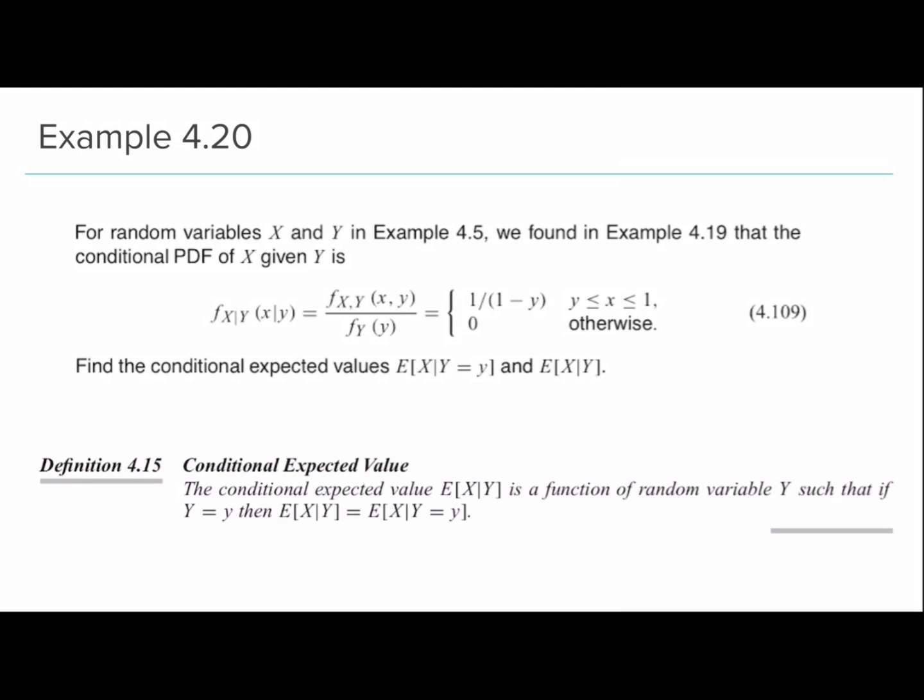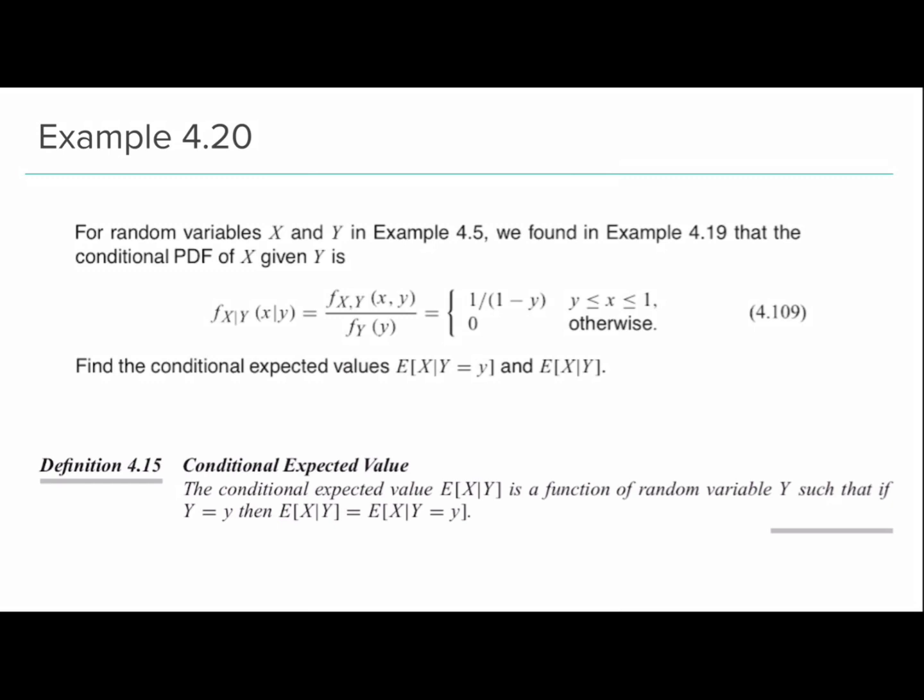What this basically says is that the conditional expected value E of X given Y is a function of a random variable Y such that if capital Y is equal to small y, then E of X given Y is equal to E of X given Y equal to small y. So what this basically means is the value E of X given Y equal to small y is the same as E of X given Y at the value Y equal to small y, right?